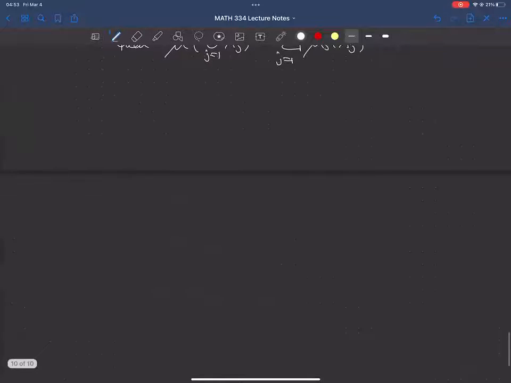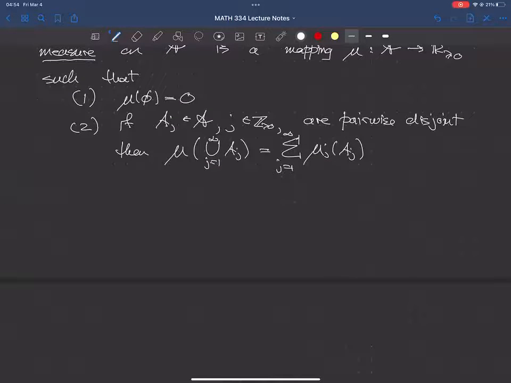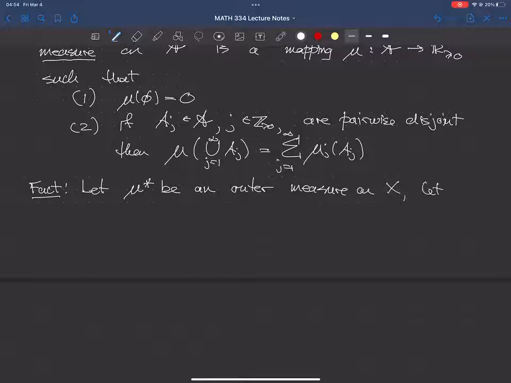And then the big fact again that I'm not going to prove is this: let mu star be an outer measure on a set X, and let script M be the collection of mu star measurable subsets.